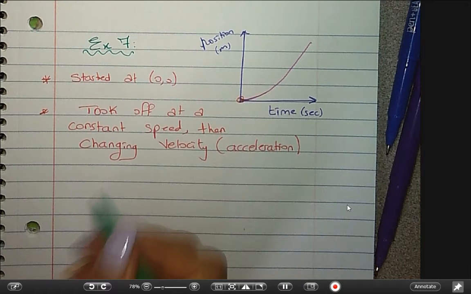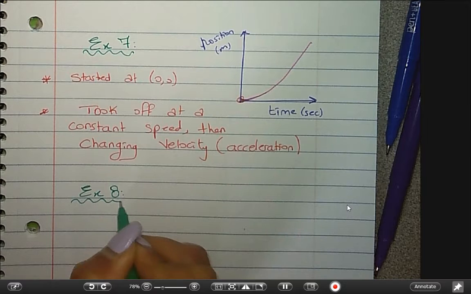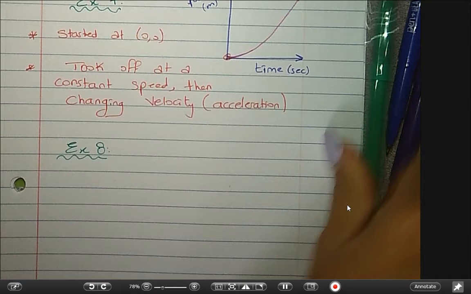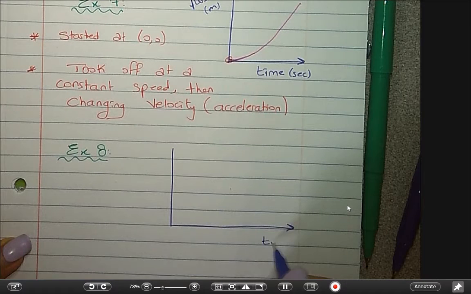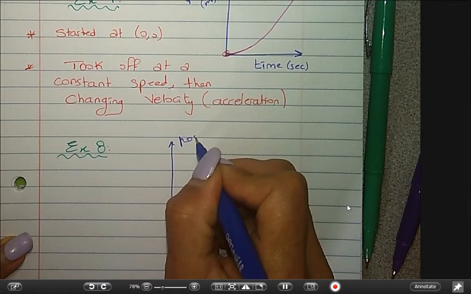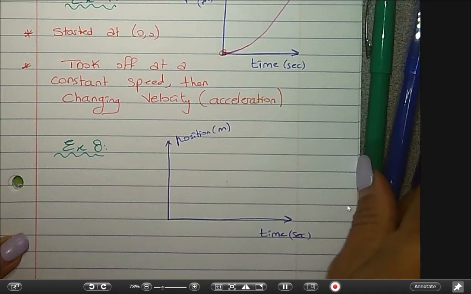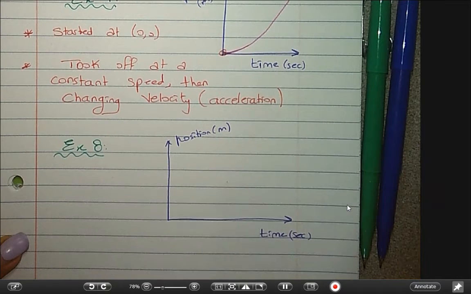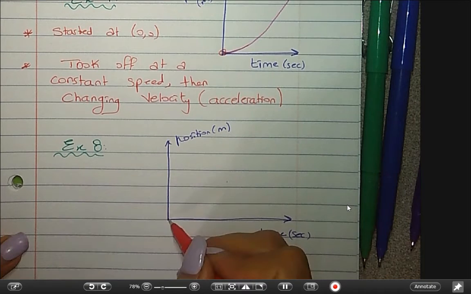All right, let's do example 8. So you have a graph and you have two different cars. So this is time in seconds, and this is position in meters. So you have two graphs. I'm going to do one in red.